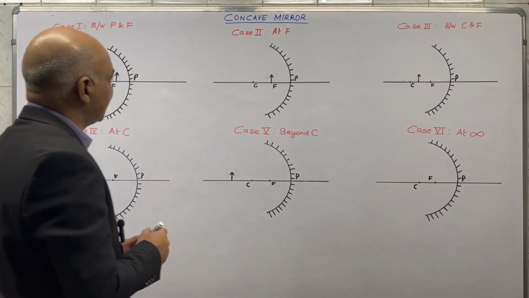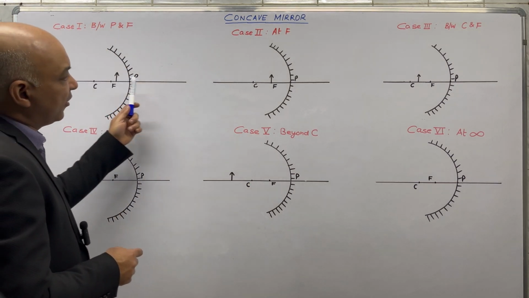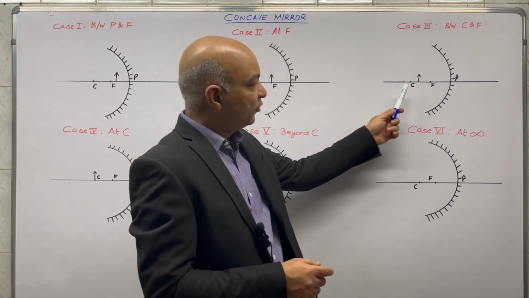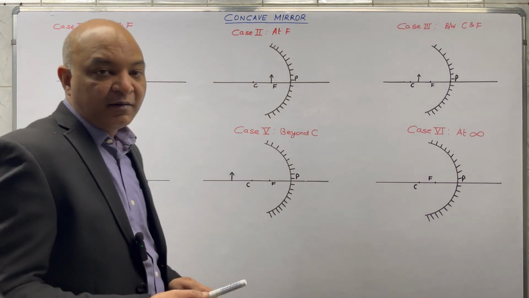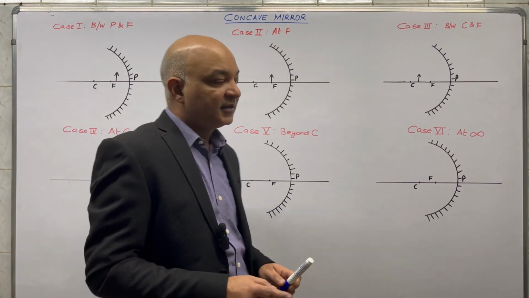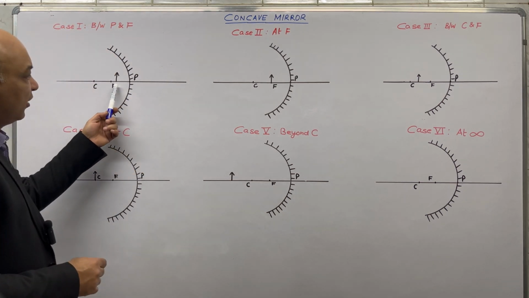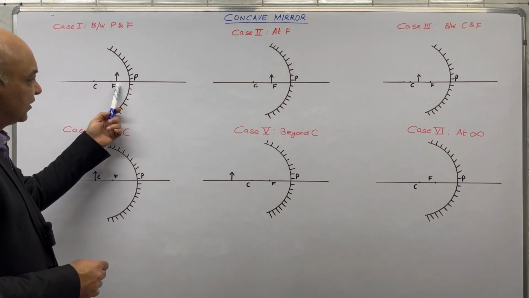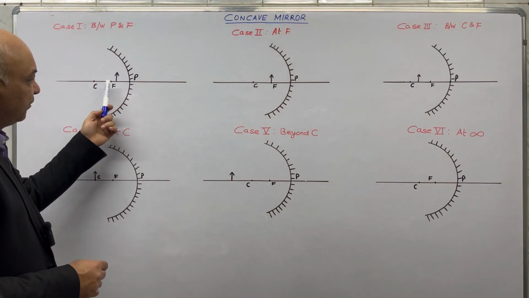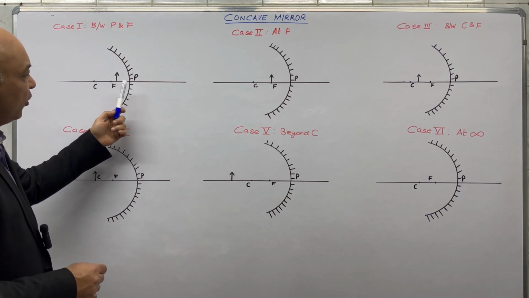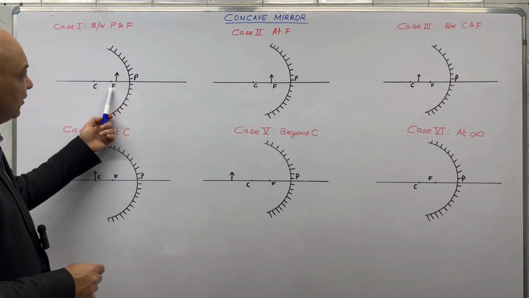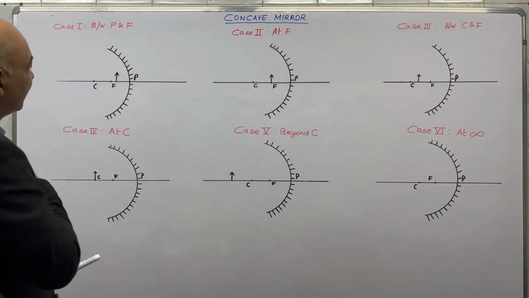By six cases, I mean I am going to keep my object at six different positions in front of the mirror. So let us start by taking the first case, in which first of all I am going to keep the object in front of the mirror between P and F, that is between pole of the mirror and the principal focus of the mirror.